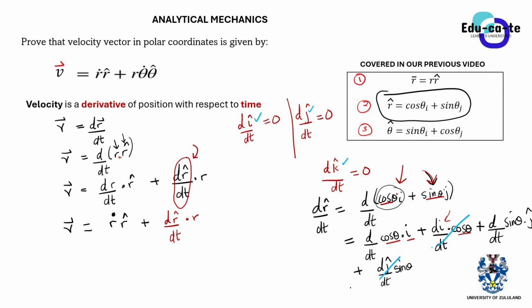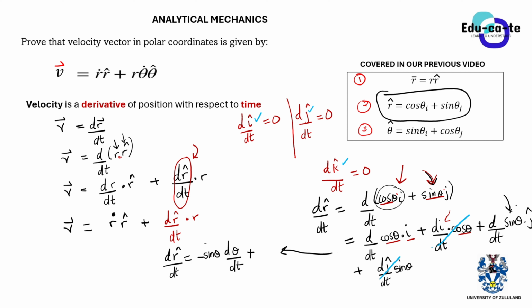And if you differentiate cos theta, you are going to get something like this. So here we are finding d r cap dt. If you differentiate cos theta, you get negative sin theta times the derivative of the inner function, theta, with respect to time, d theta dt. Remember that theta here is changing with time. And then this is plus.